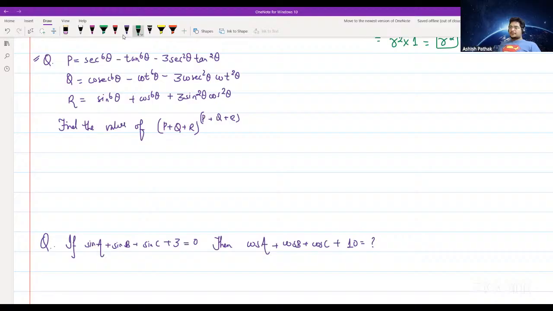And now I'm giving you one more hint. Think that, can you use here the concept of a minus b to the whole cube? If you can use, it will be easier. If you can't use, then that will be difficult.